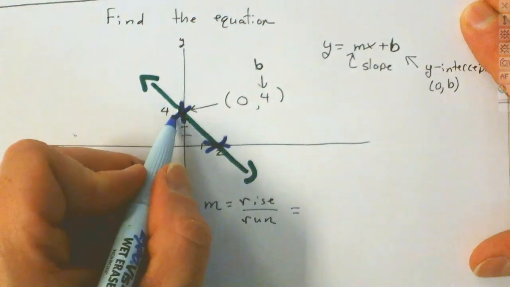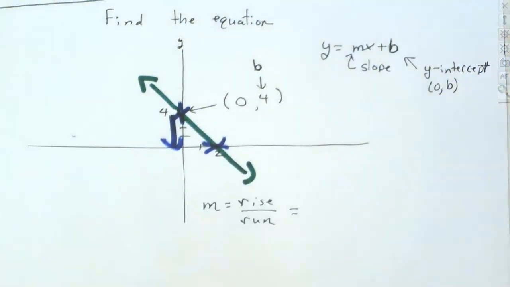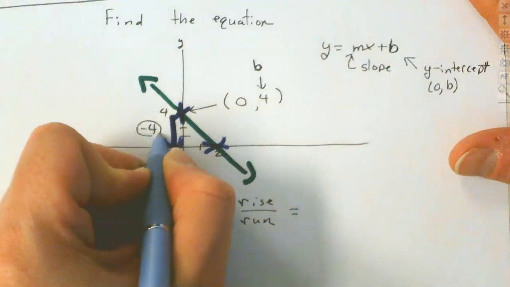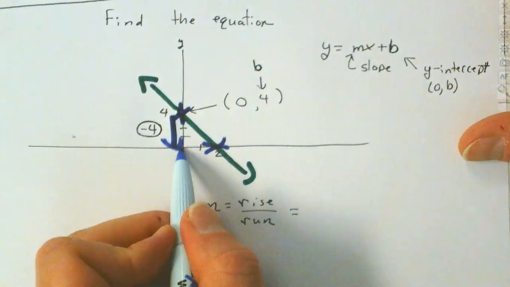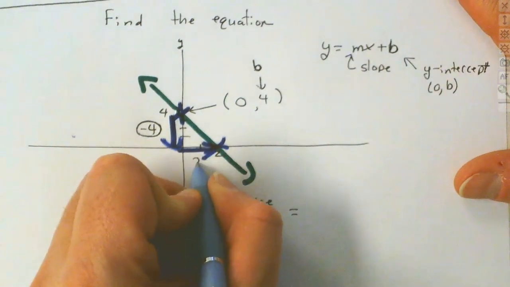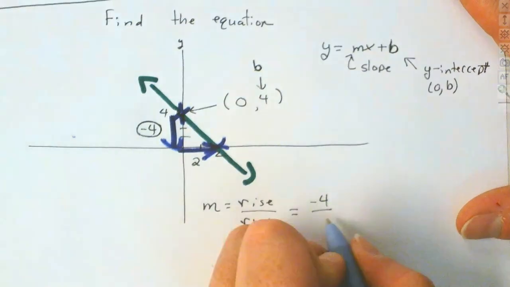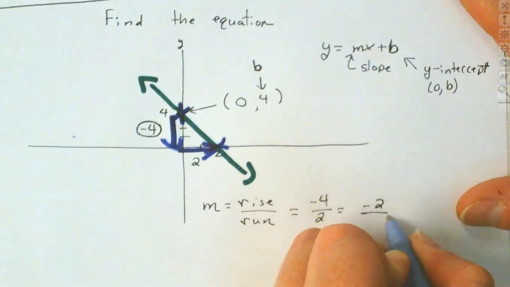What am I going to do? I'm starting here, and I've got to go down how many units? If I go from one x to the other, I've got to go down what? 4. So that's going to be a negative 4 there. And then what do I have to do to get to the other x? Over how many units here? Over what? Over 2. So my rise is a minus 4. My run is over 2.